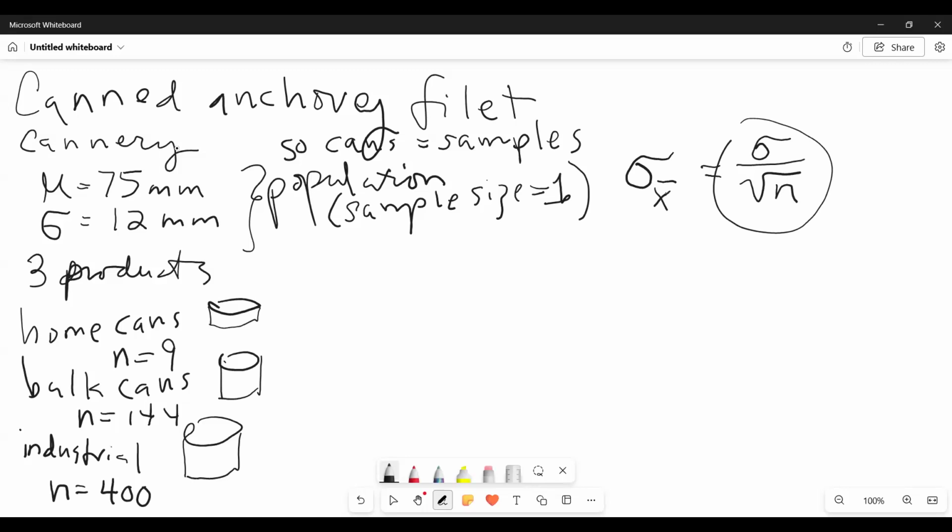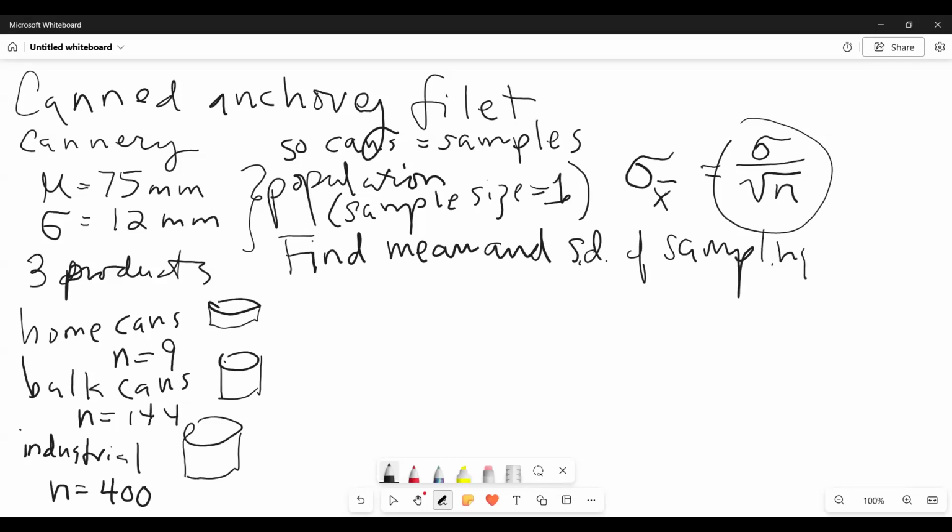So we want to find the mean and standard deviations of the sampling distributions for our cans of each of these sizes, for our population, and then also for these 3 different sizes.